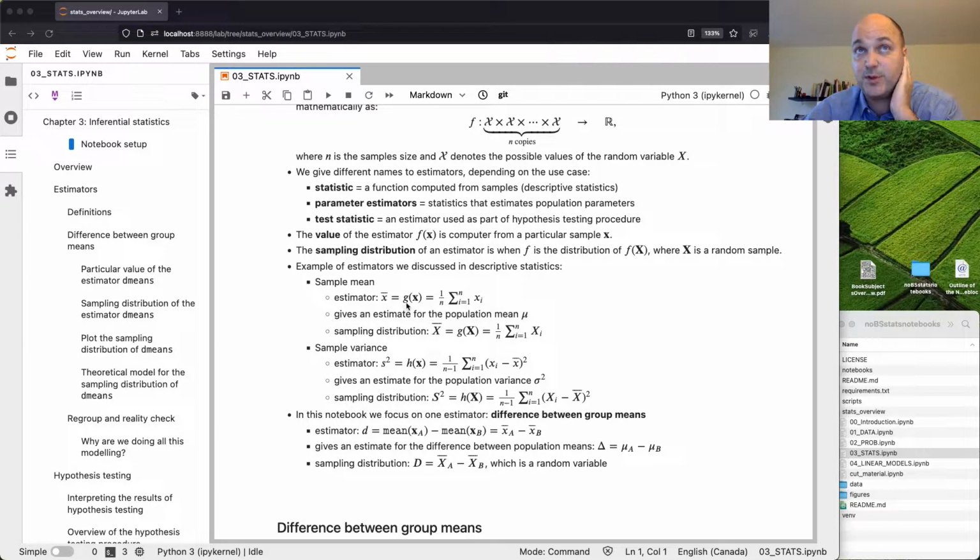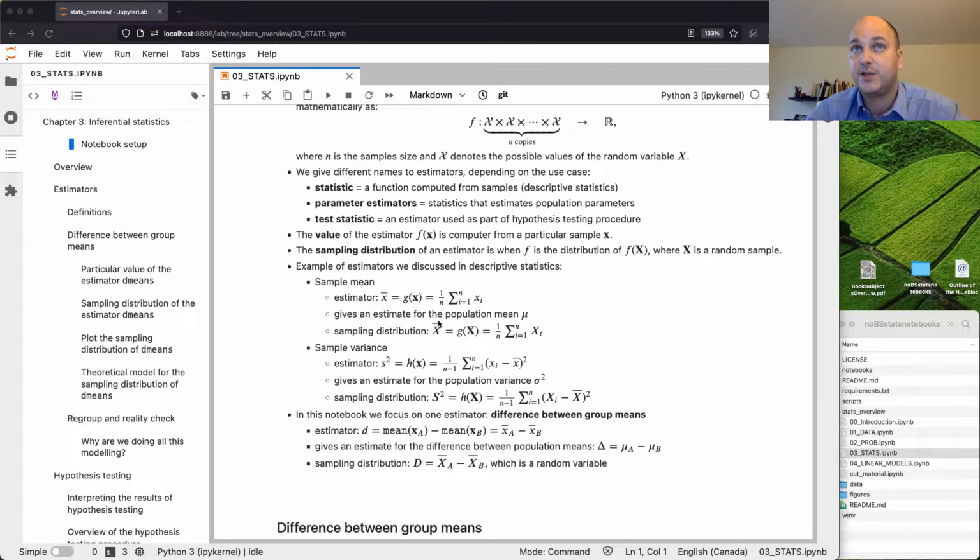Now imagine computing the same g over multiple samples, or a random sample. So imagine continuously taking different samples of size n and computing the mean. Take a new sample, compute the mean. Take a new sample, compute the mean. The distribution you will get is called the sampling distribution of g.